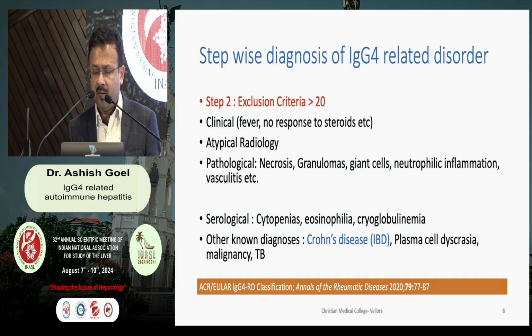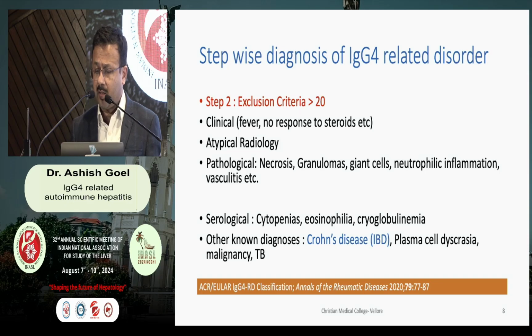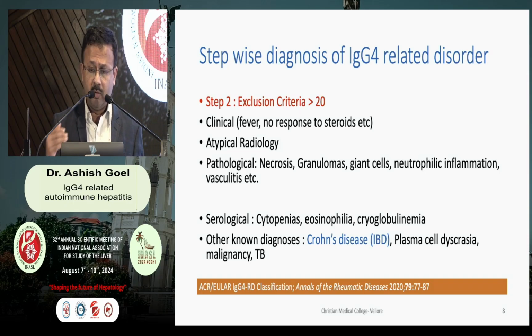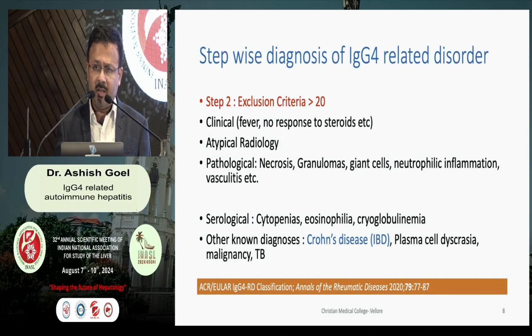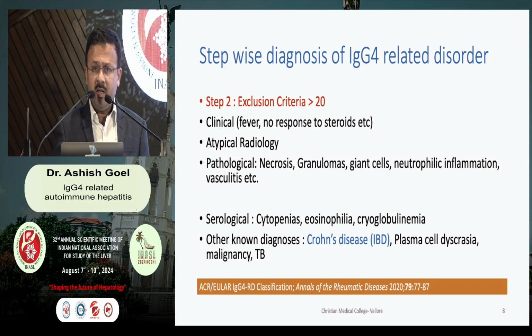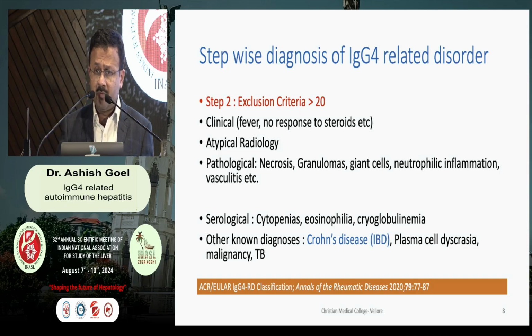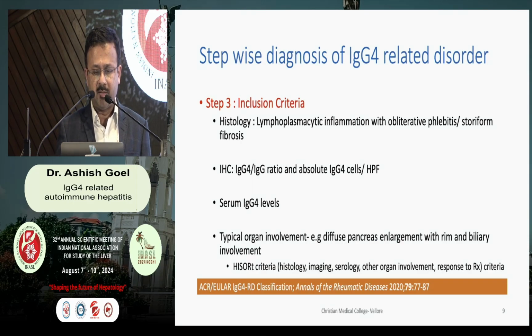Anything atypical in radiology or pathology, definitely presence of granulomas, giant cells, necrosis, vasculitis, neutrophilic inflammation, is very atypical for IgG4 related disease. Some of the serological findings, and definitely any other known diagnosis, if there is a coexistent IBD, a malignancy, or plasma cell dyscrasia, more likely we are not dealing with IgG4 related disease.